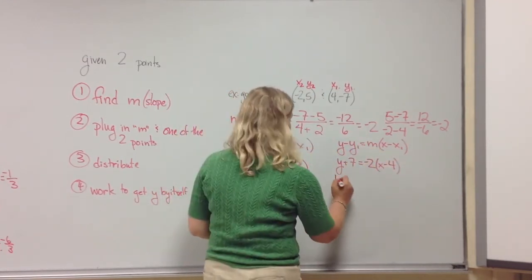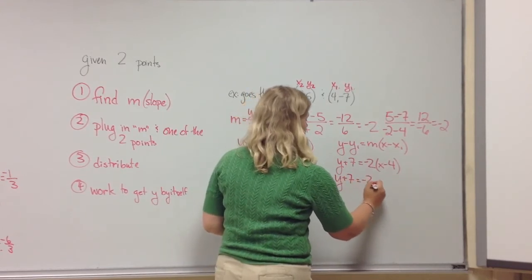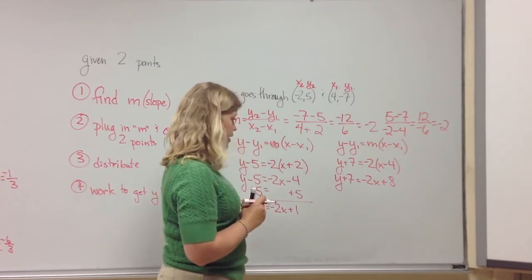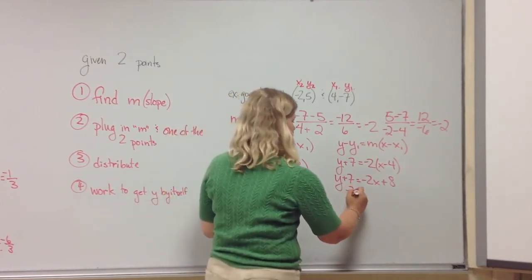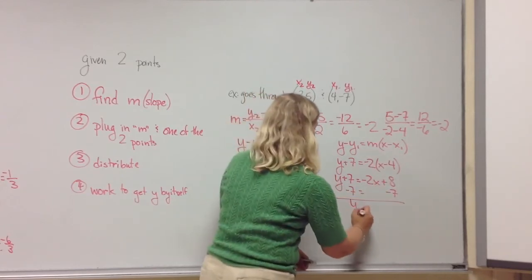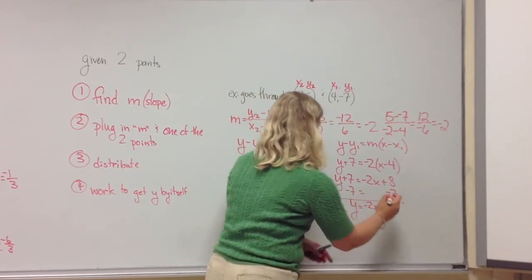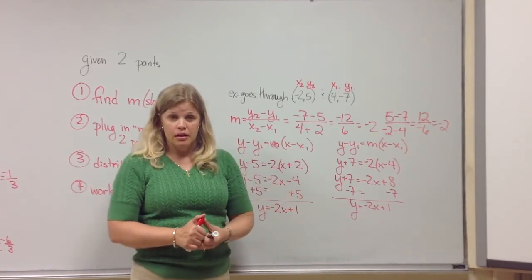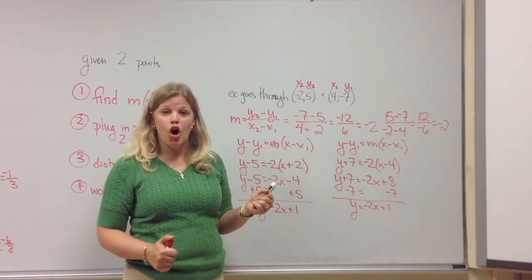You distribute, and you get negative 2x plus 8. Good so far? And then we've got to get the y by itself, so subtract 7. Got to put it over there by its like term, and you get negative 2x plus 1. So either way, you get the same equation of the line, because both of these points are on it.